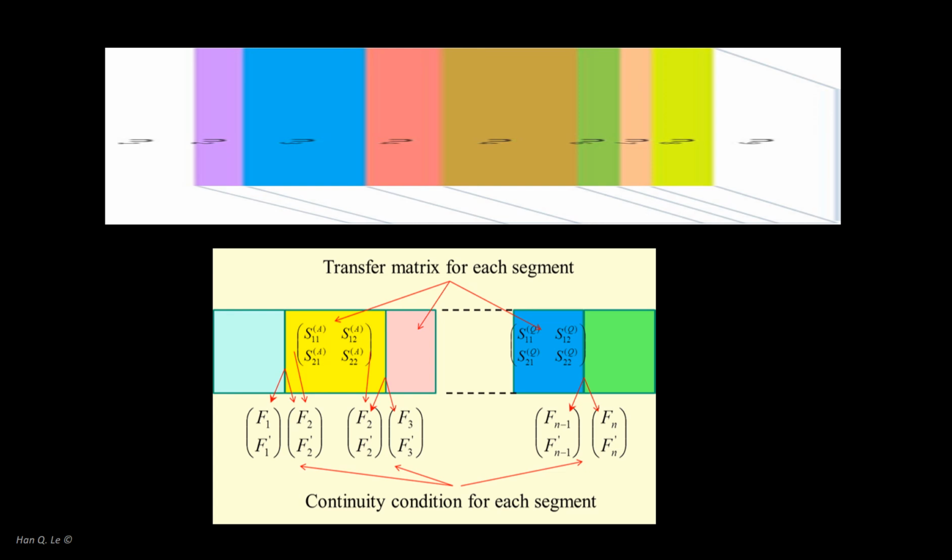At each interface, there is an interface matrix to apply the appropriate boundary condition, either TE or TM, between two segments. The entire problem is represented as multiple linear operations, that is, matrix multiplications for an entire structure. This will be discussed in part 3 of the lecture, and will be essential for all the topics that follow.